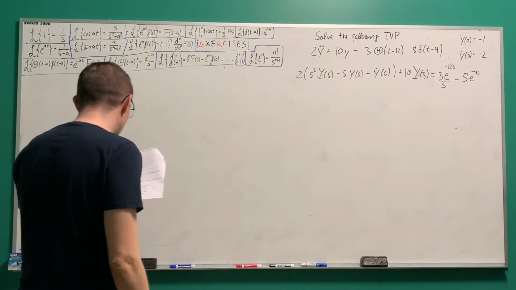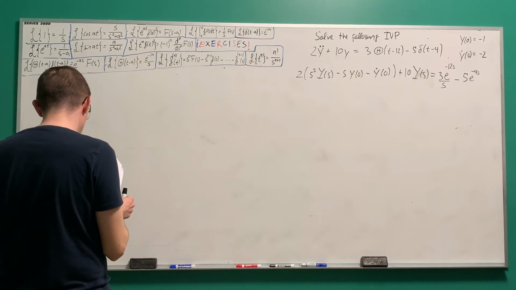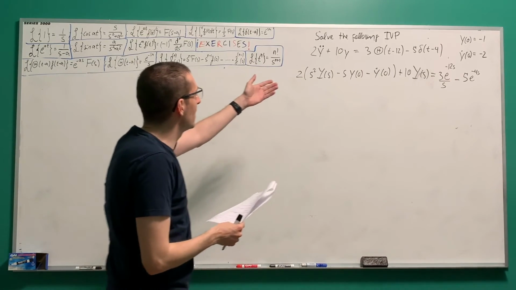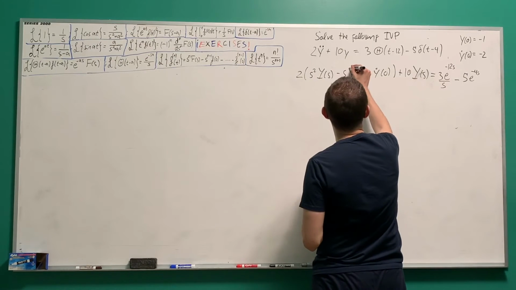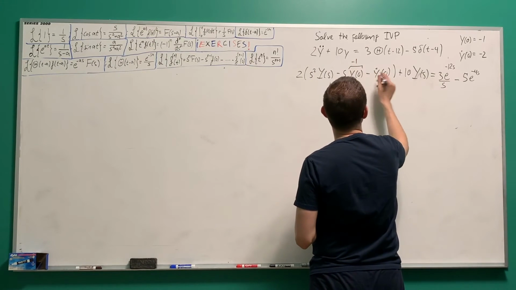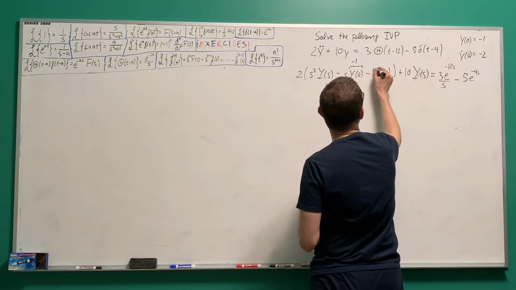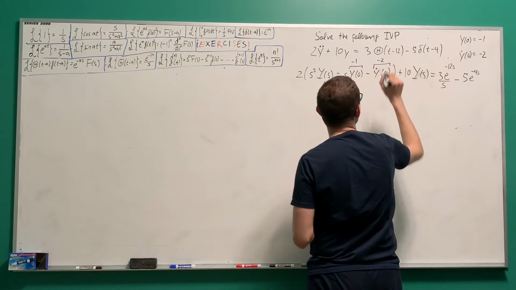Okay, so we do the usual thing. We group all the things that multiply. Well, plug in the initial conditions. So y(0) is minus 1. This is an s, of course. y dot(0) is minus 2. Okay?